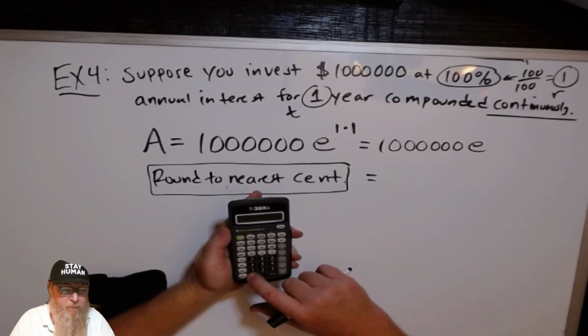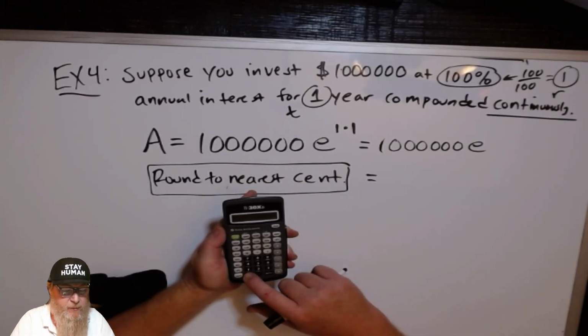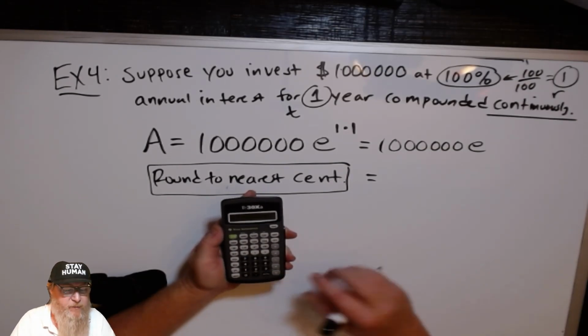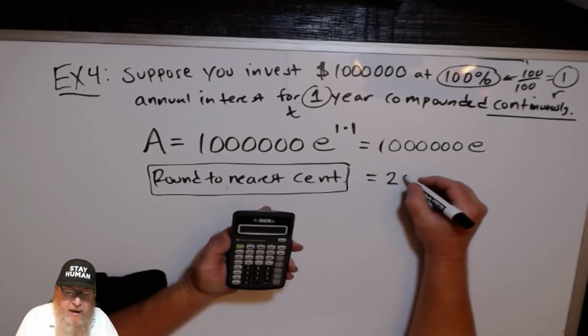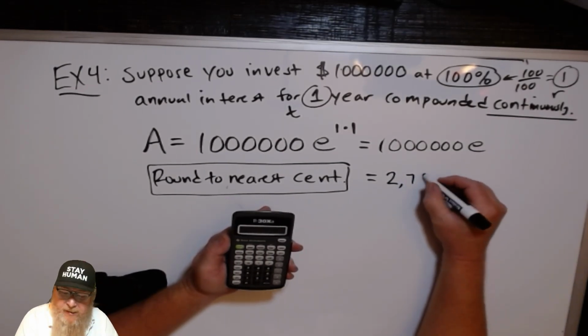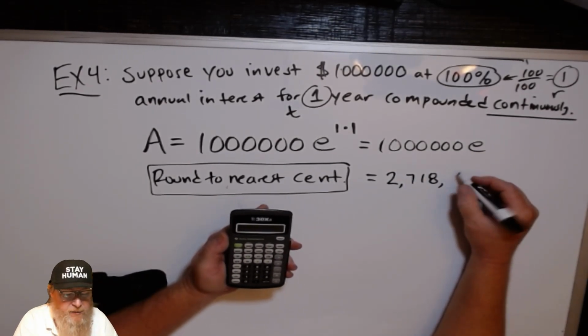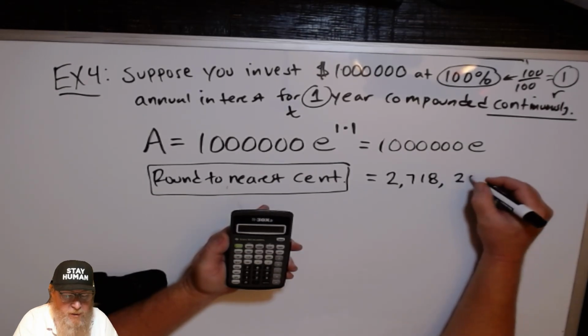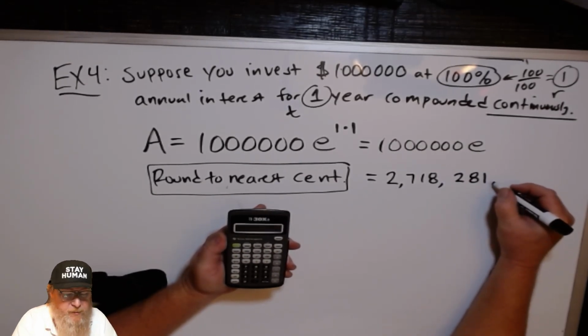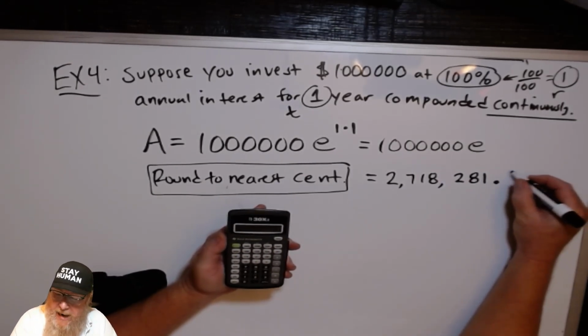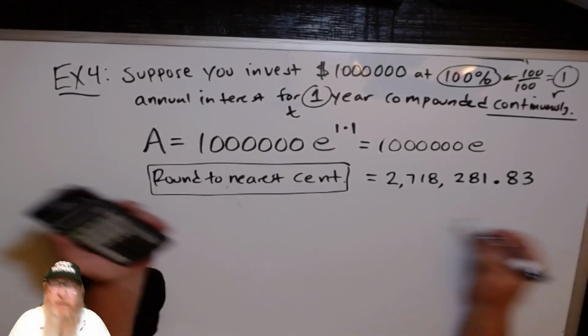Multiply that by $1 million. Make sure you get the right number of zeros. And you now have $2,718,281.83 because I'm rounding.